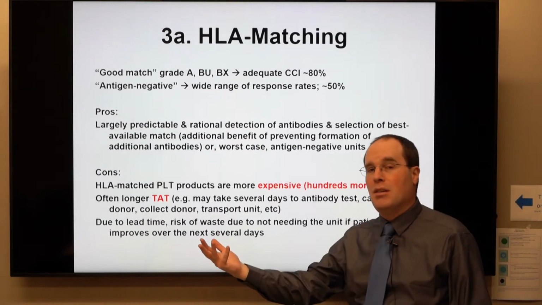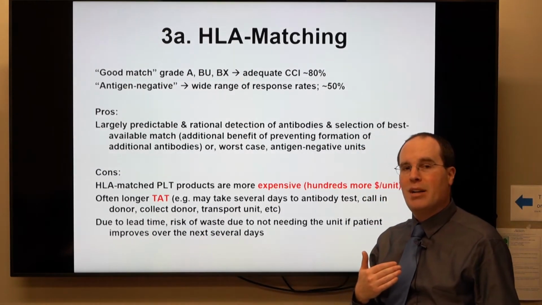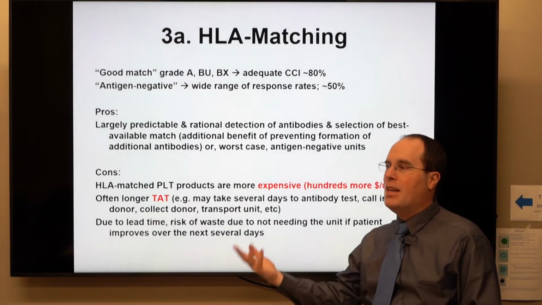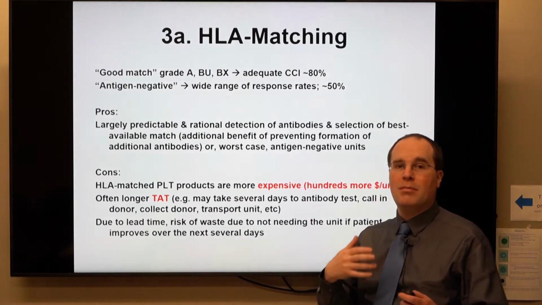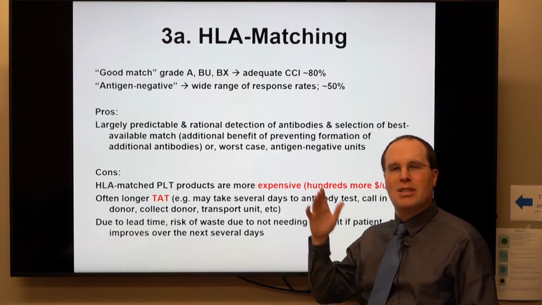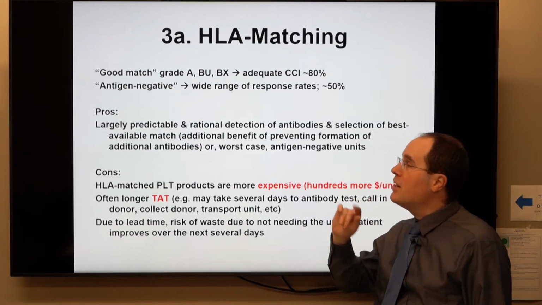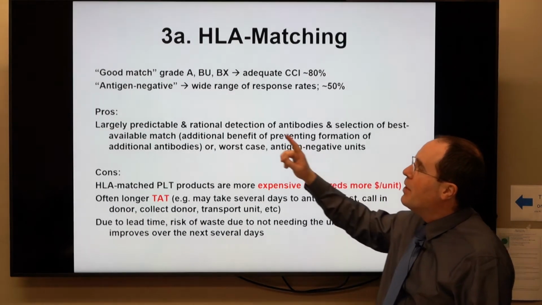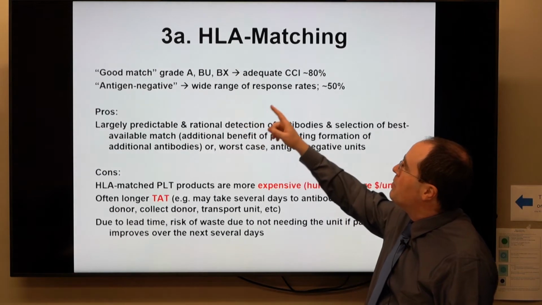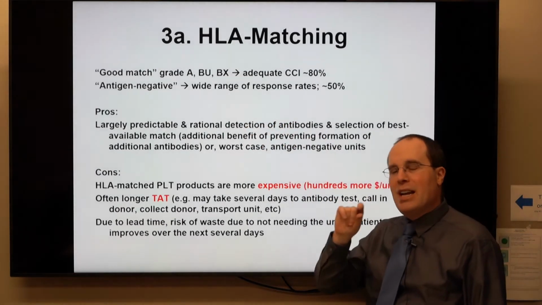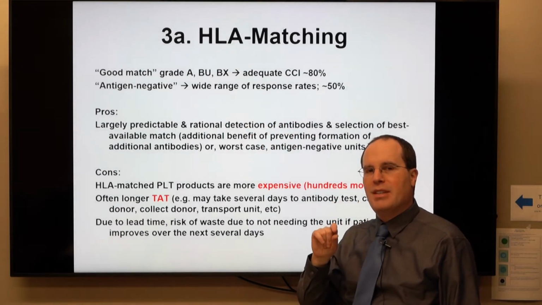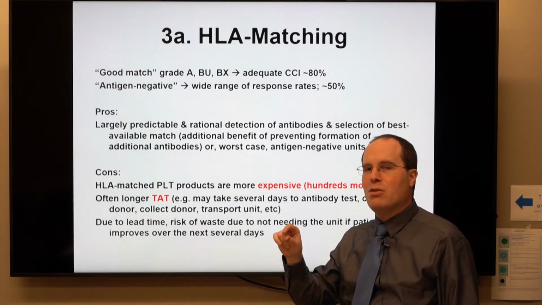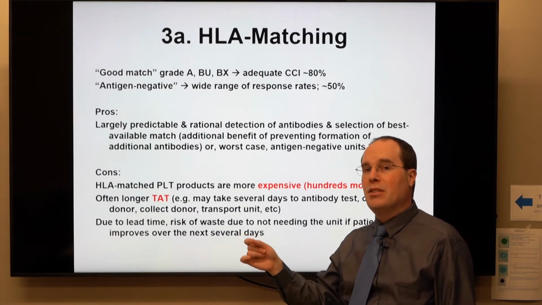It's no guarantee, right? You could have a perfectly matched HLA platelet and a bad CCI, or the reverse, a poorly matched one and a good CCI. So it's not a one-to-one relationship. And we can also find antigen negative units, which means the patient has certain antibodies with certain specificities, and then we just find donors that lack those cognate antigens.